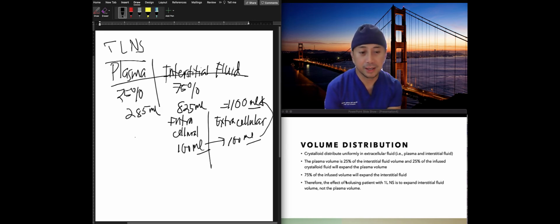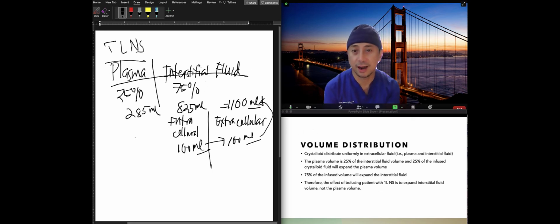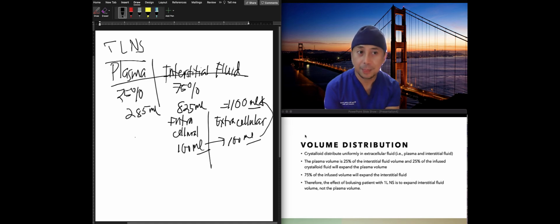And 75% infused will expand interstitial fluid. Therefore, 1 liter of normal saline is to expand interstitial fluid volume, not the plasma volume. So use this analogy here. If you know the physiology behind this, then you understand what you're doing effectively with your patient.